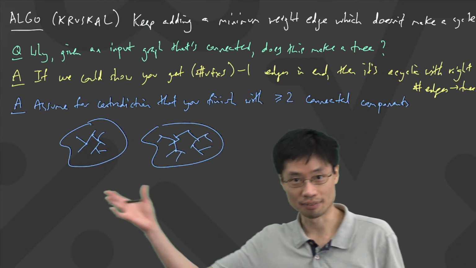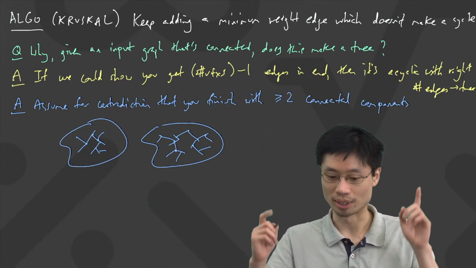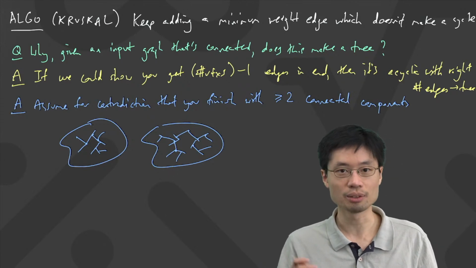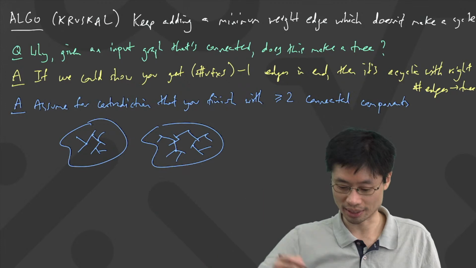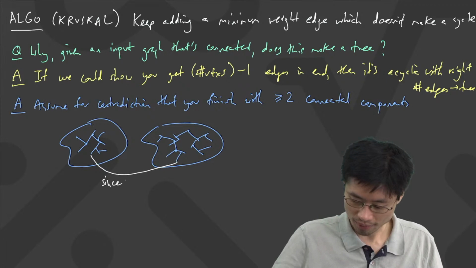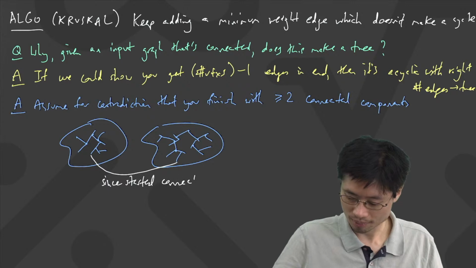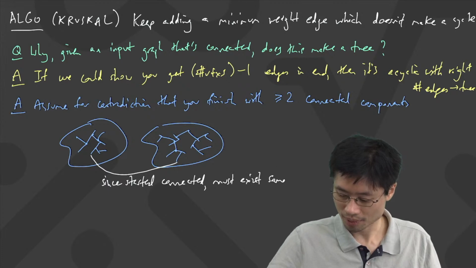Okay? So I have these 2 things. I might have more things. But the important thing is that the graph was connected to begin with. So since the graph was connected to begin with, there is at least one edge that goes between these. There might be many. There must exist some edge between.